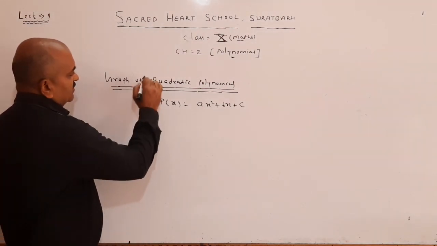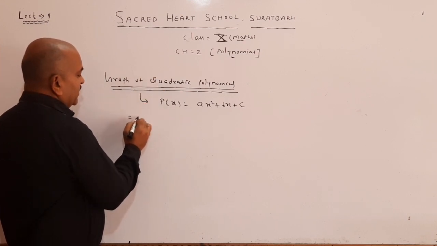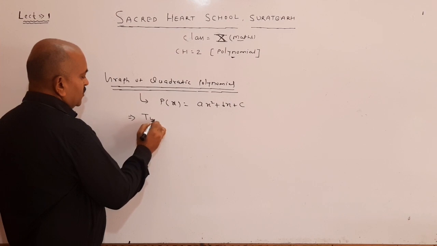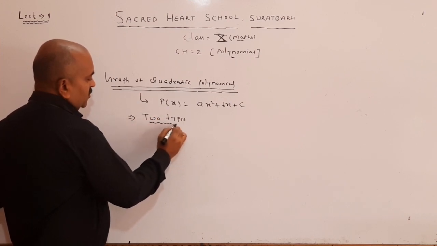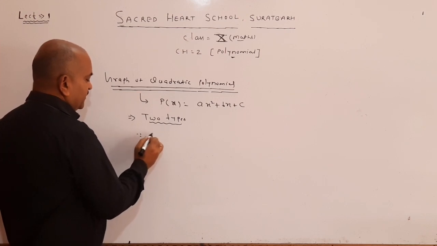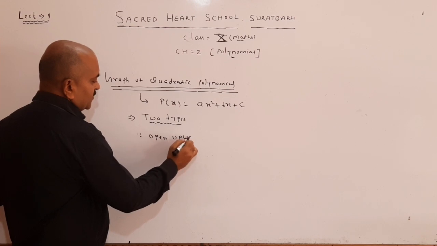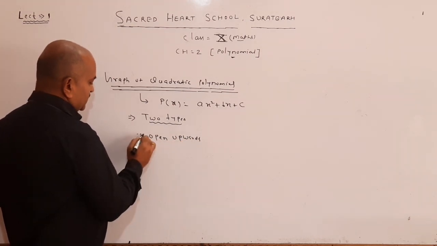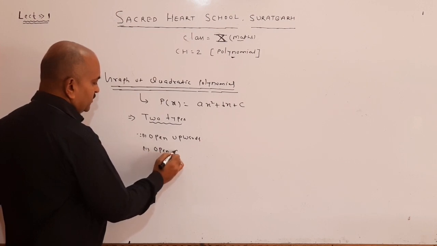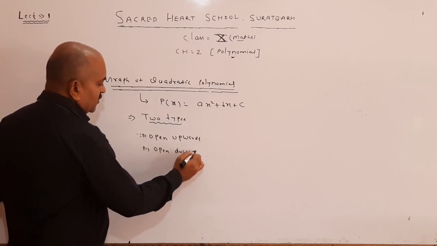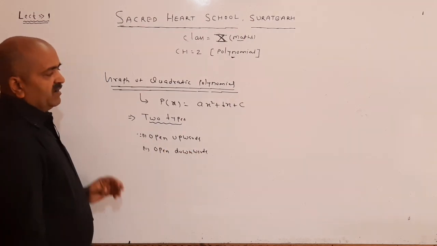Yes, students. The graph of a quadratic polynomial has how many types? Two types. Number one, open upward. Number two, open downward. What is the meaning of open upward and open downward?